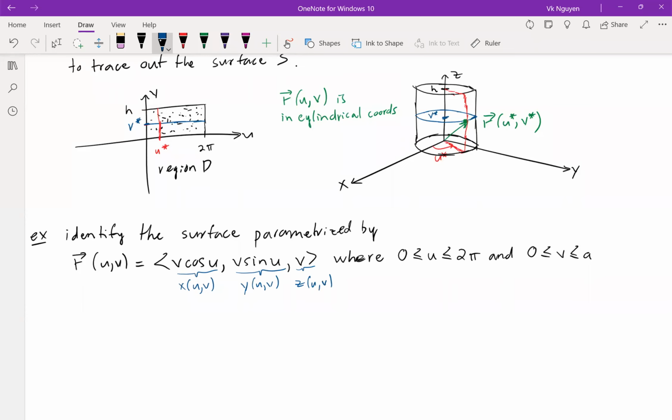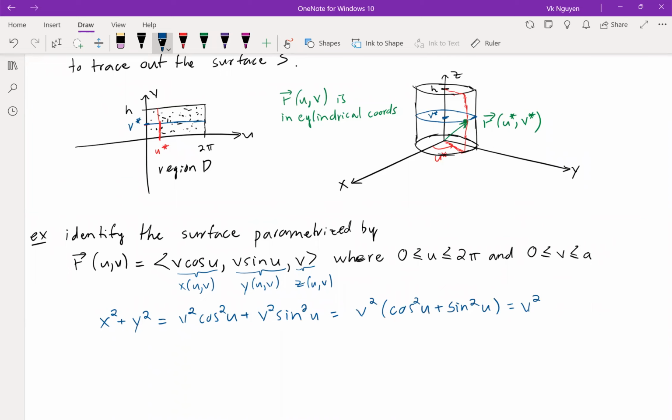Yeah? So as you can see, just do x squared plus y squared. Because we know cosine squared plus sine squared, x squared plus y squared is v squared cosine squared u plus v squared sine squared u, and from there you see that is v squared times cosine squared plus sine squared.